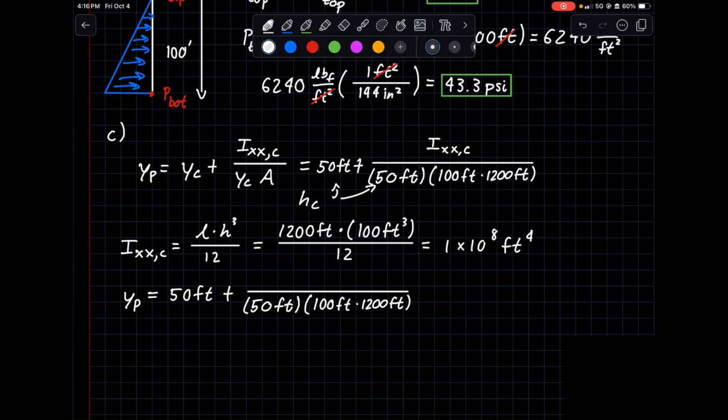All of that, and we just replace the very top part with 1 times 10 to the 8th feet to the 4th power. Looking at the units at the bottom, we have feet times feet times feet, which is cubic feet, and we have feet to the 4th on the top. So we can cancel out all of these, and we'll just be left with feet. Then we'll have feet on this side, and our final answer should be in feet, and this would be feet below the surface of the water.